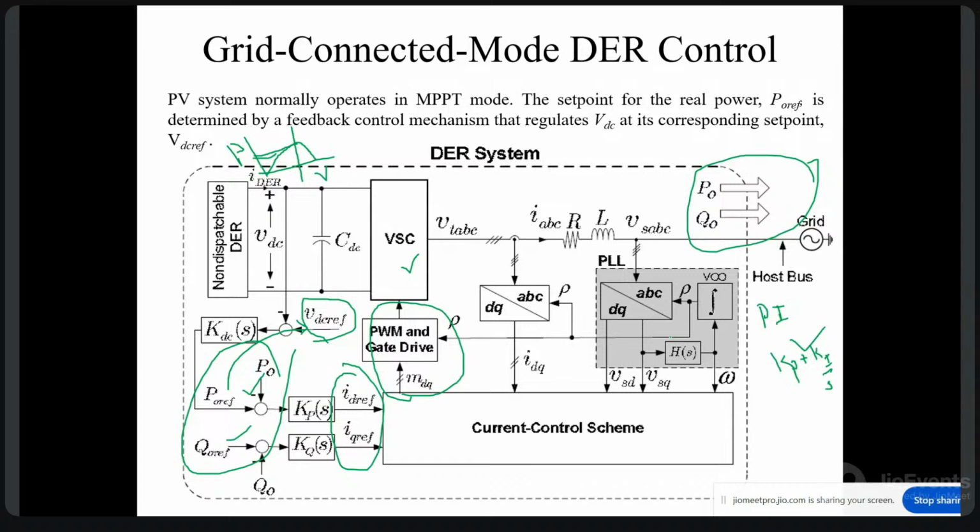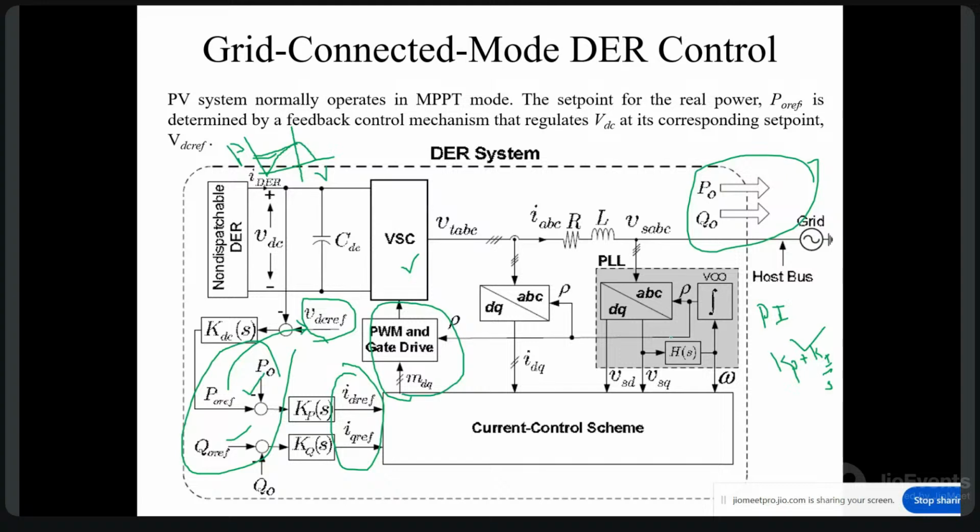As it doesn't have any time variation, people will say it is a DC quantity. It is not varying with respect to time, and it is appearing as a DC quantity because of the transformation.